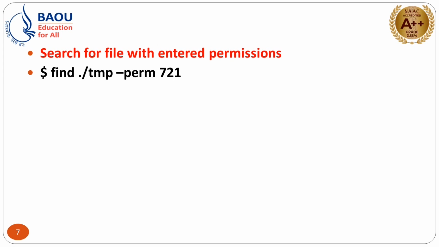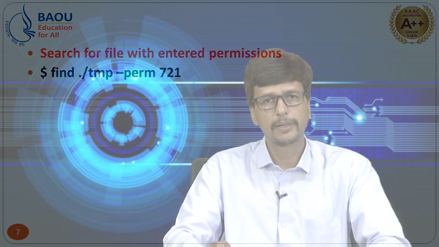Now 7, that binary equivalent is 111, 2 is 010, and 1 is 001. That means all 3 digits represent some permission, that is RWX. So the first 7, that is 111, so the user has all 3 permissions R, W and X. The second, 2, binary equivalent is 010, that is read permission is not assigned, write permission is assigned, and execute permission is not assigned to the group.